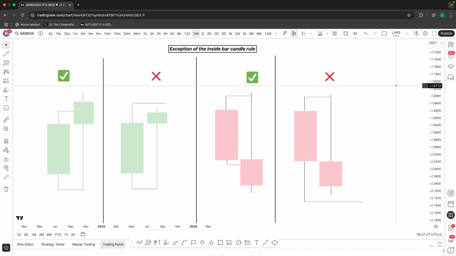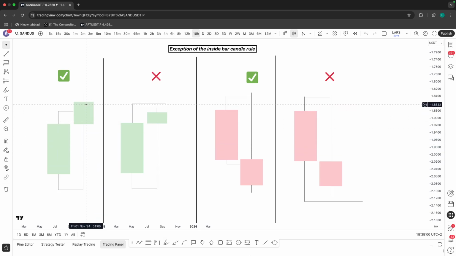Okay? However, an exception has been made of this rule, and that is regarding the first candle's highs and lows being in between your second candle's highs and lows. As you can see here, we have a bullish candle with a high and a low. The second candle's low takes out the previous candle's low and then closes higher.